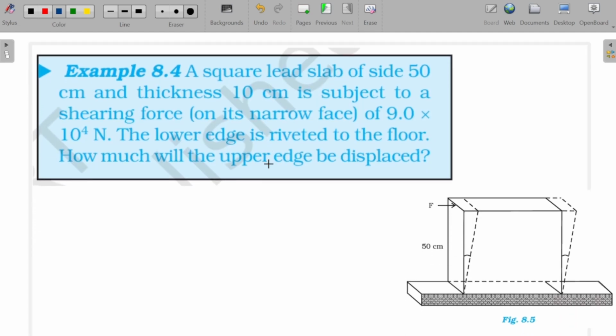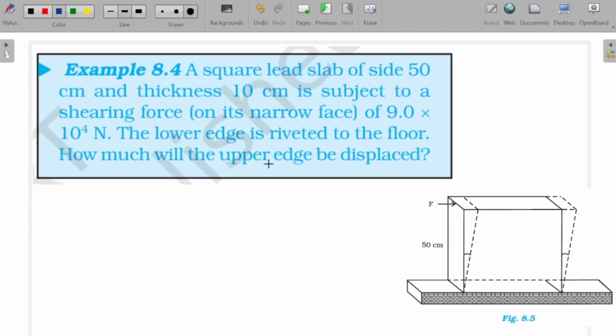Let's start our discussion about example 8.4: a square lead slab of side 50 centimeter. It is given here that this length is 50 centimeter, and the thickness is 10 centimeter. From here to here it is 50 centimeter, and from here to here it is 50 centimeter also.